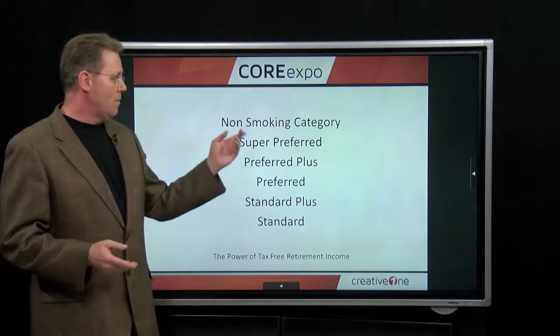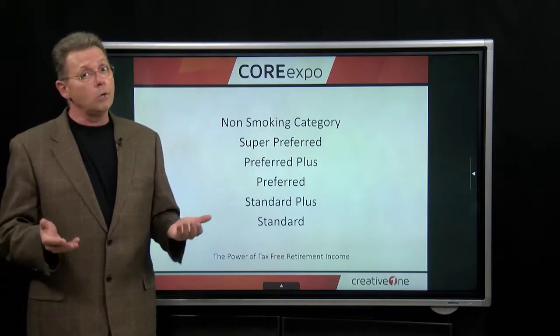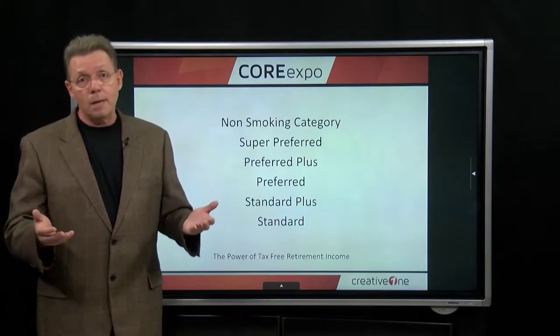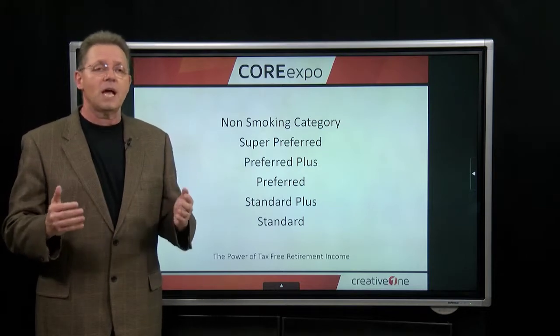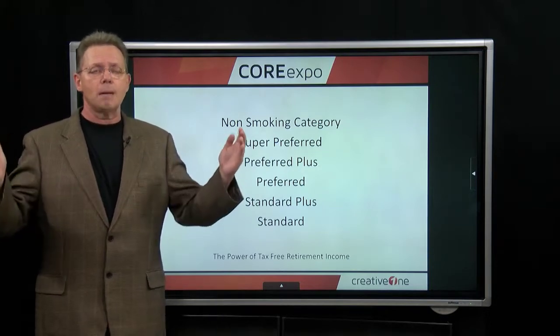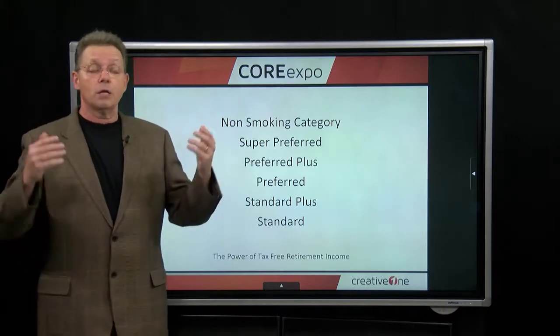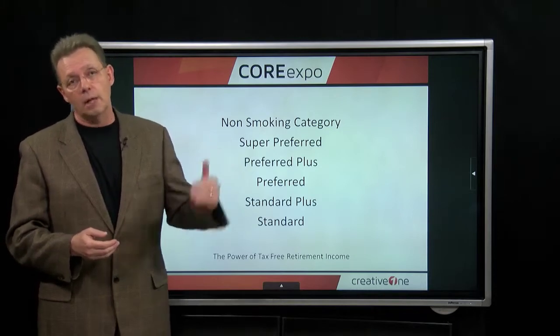For example, in the non-smoker category, which is really the only category I want to use for income, I'm looking for the best cost of insurance. If I use a smoker with a pipe, a smoker with tobacco, it's just going to cause problems because I have greater expenses, because the timeline of a traditional smoker with traditional tobacco is less than a regular non-smoker. That's going to make the cost higher and my rate of return on my investment less.